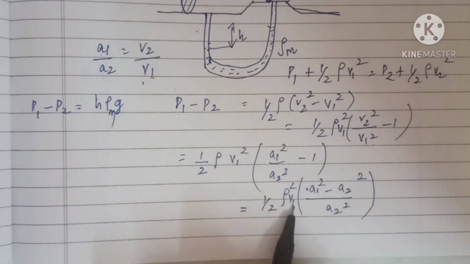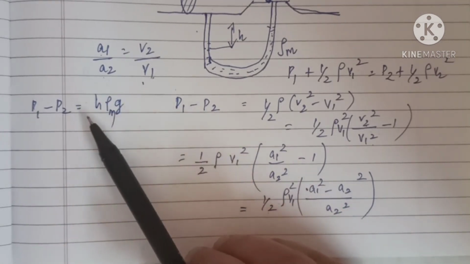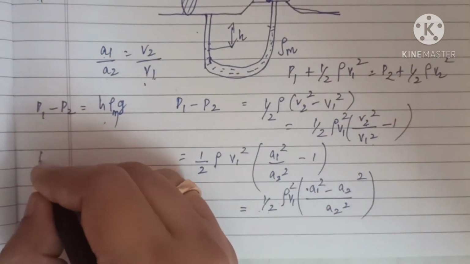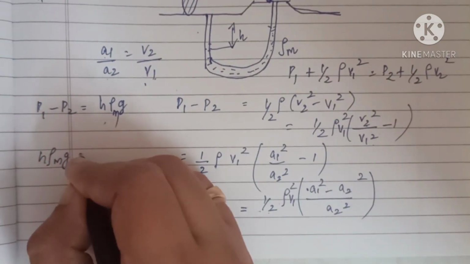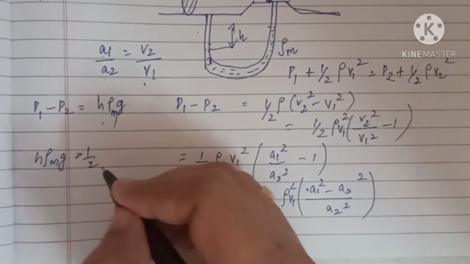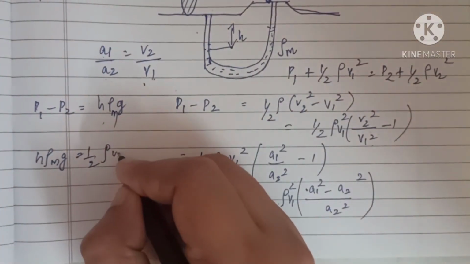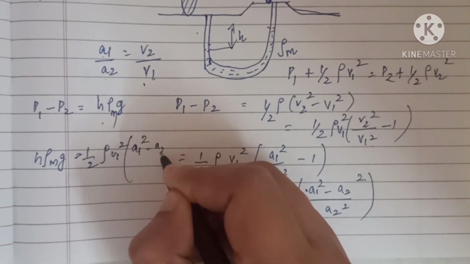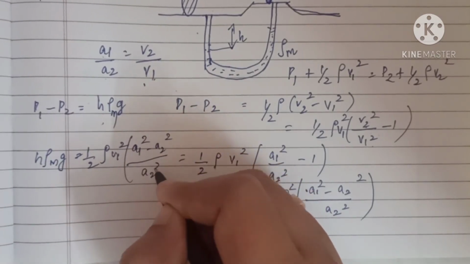Now here you got one expression for P1 minus P2 and here again H rho m G. You can equate these two. So this will be H rho m G is equal to half into rho V1 squared into A1 squared minus A2 squared by A2 squared.